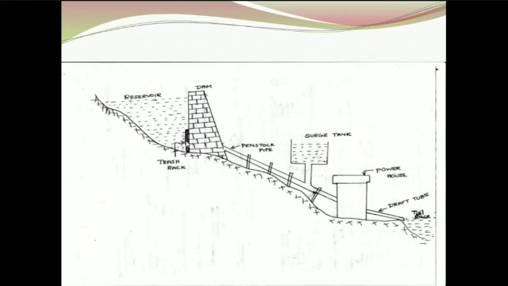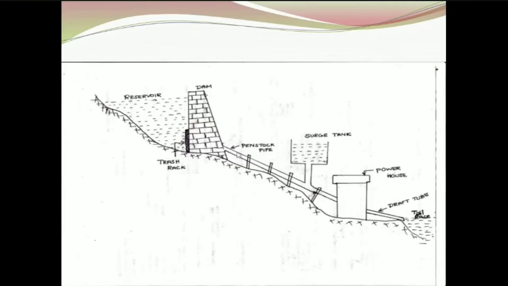So water from the reservoir that is kept at a particular height, high head of water, is conveyed to powerhouse which is kept comparatively at a lower head. Then water is conveyed from reservoir to powerhouse by means of penstock pipe. Then in the powerhouse, we are having the turbine as well as electric generator. So when the water is in the reservoir, water has got some potential energy.